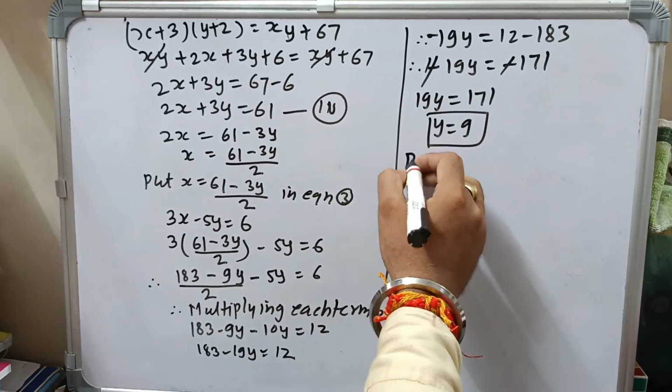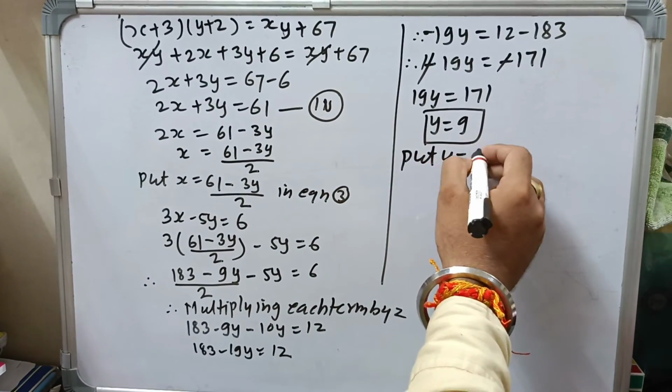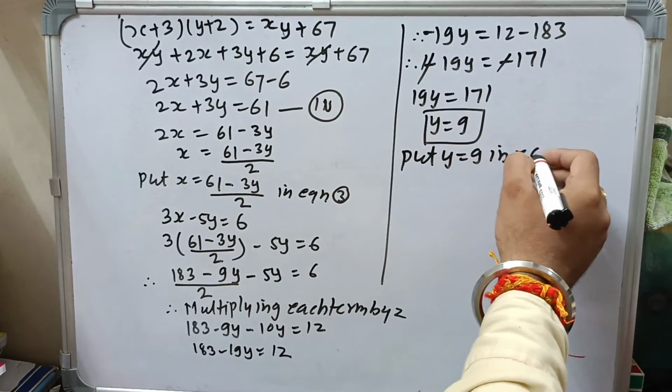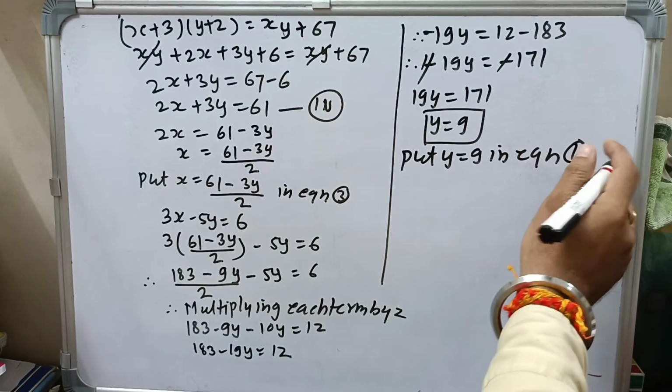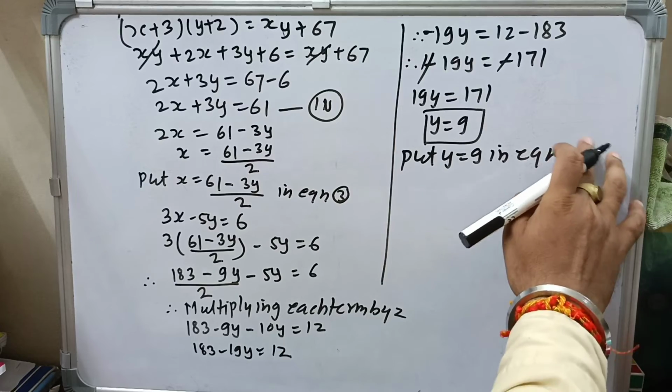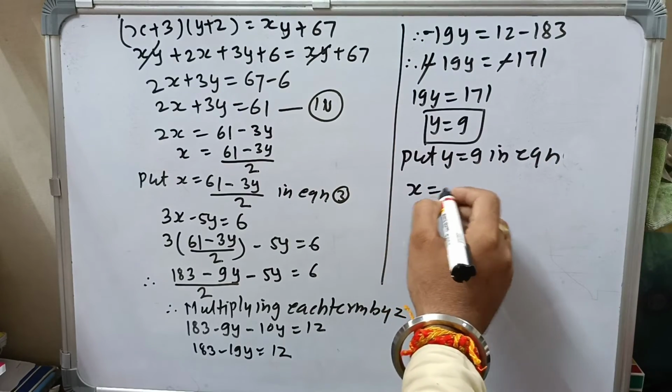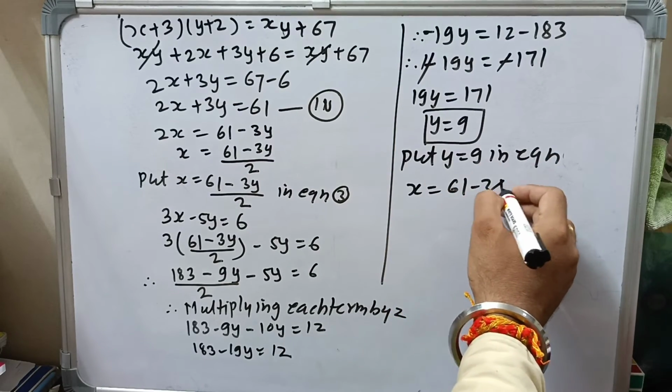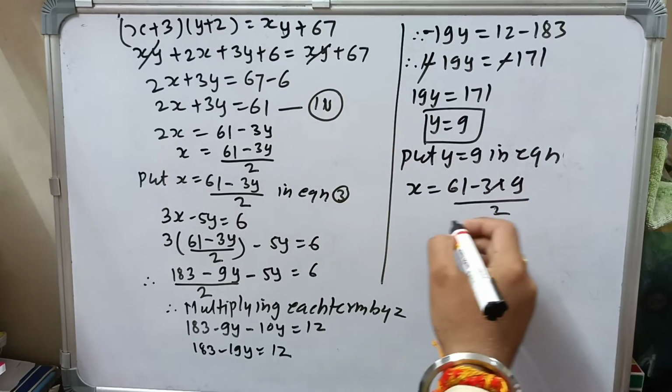If we put y = 9 in the equation, then x = (61 - 3 times 9)/2.